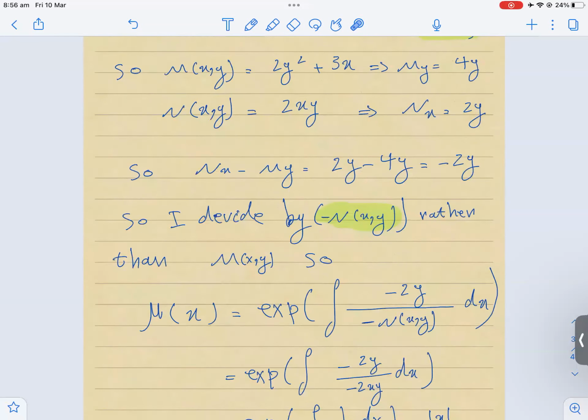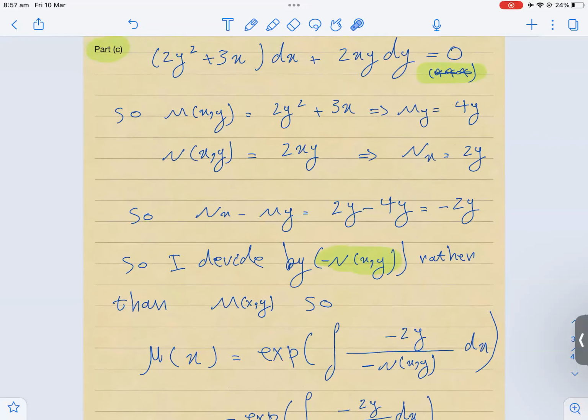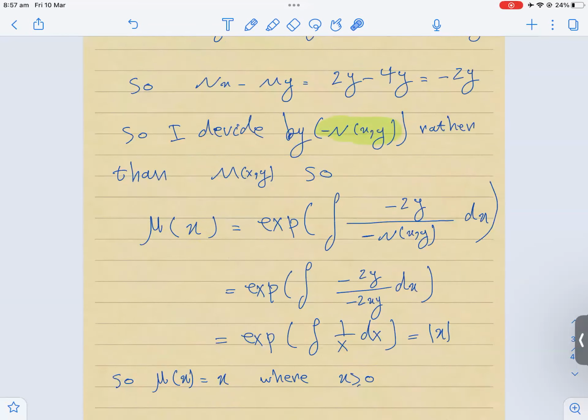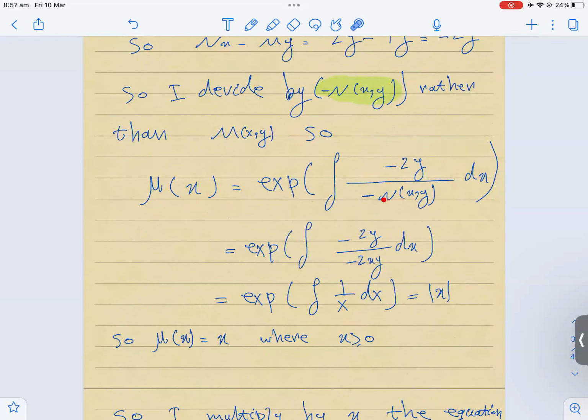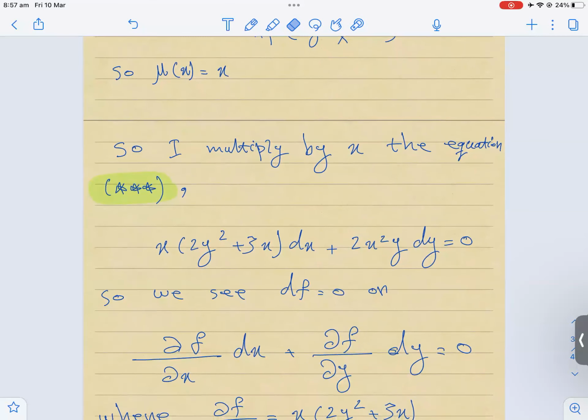So I decided to divide by minus n because minus 2y is the easy one here. So mu of x is exponential of minus n. Minus n is minus 2xy. Exponential of absolute value of x. So I can choose mu x equal to x. But I could choose minus x as well.